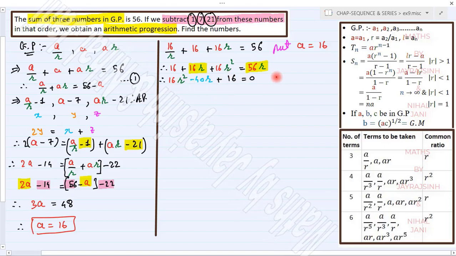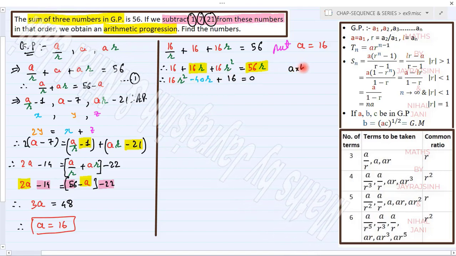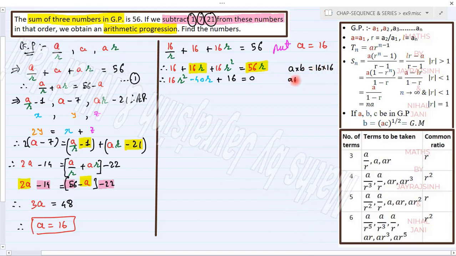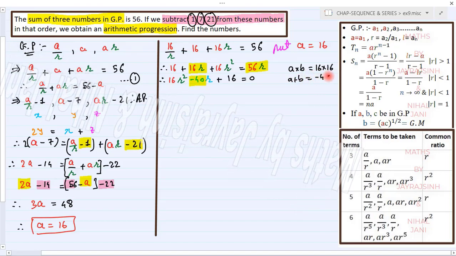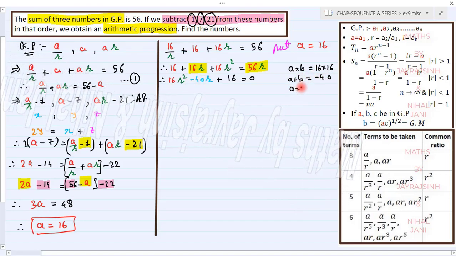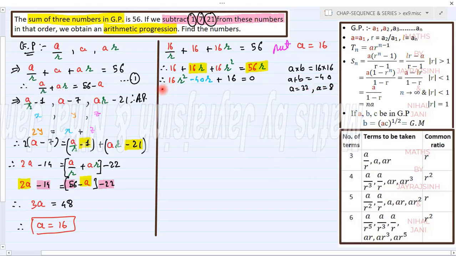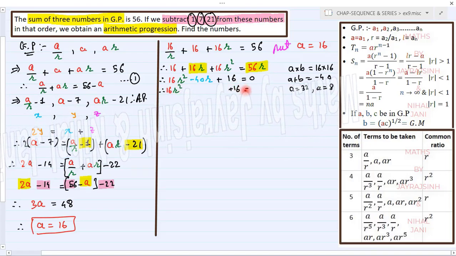So, to factorize our quadratic equation, we need two numbers having product equal to 16 square and summation equal to the coefficient of r, which is minus 40. So it can be 32 and 8. So here your first and last term will be as it is.